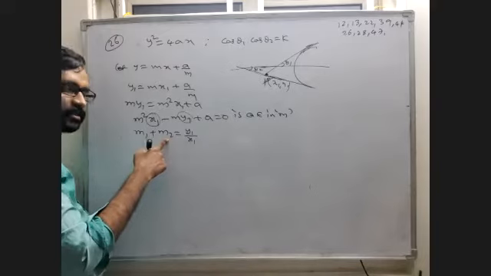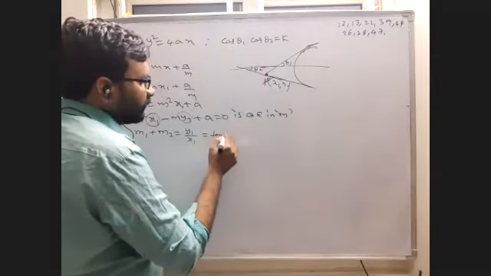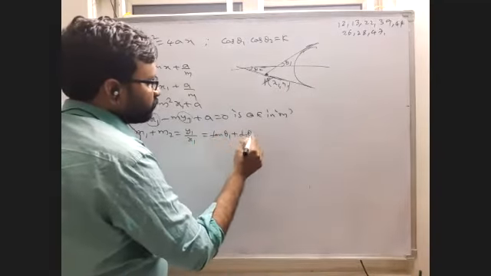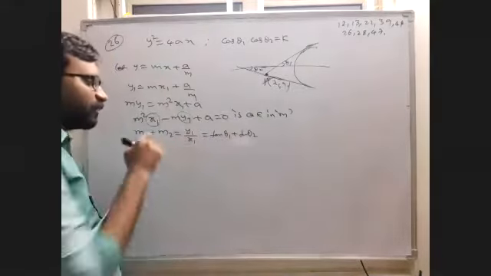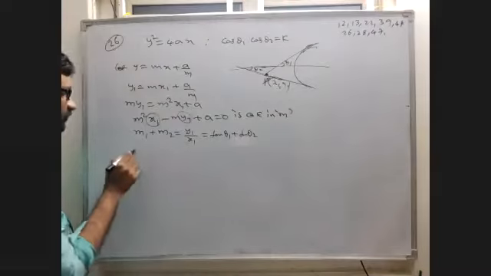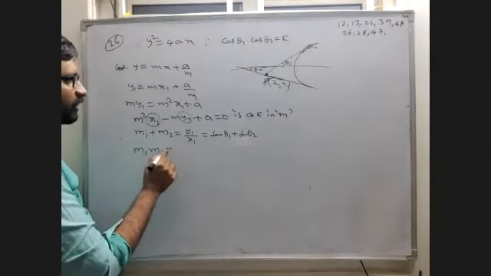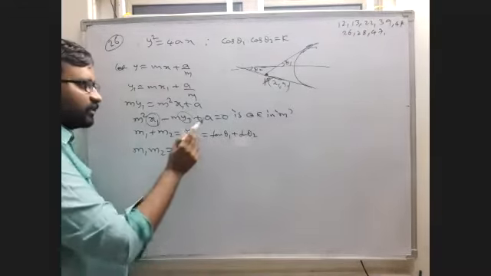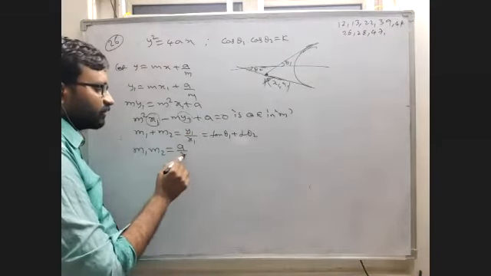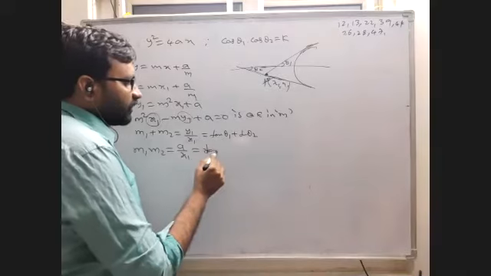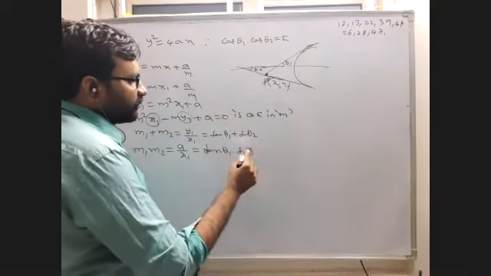m1 plus m2 is nothing but tan theta 1 plus tan theta 2, the slopes. Given angles, by angles we can find slopes. Sum of slopes. Now product of slopes. m1 m2 is equal to c by a, that is a by x1. This is nothing but tan theta 1 into tan theta 2.